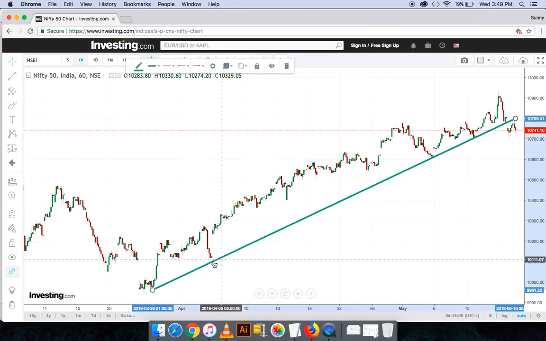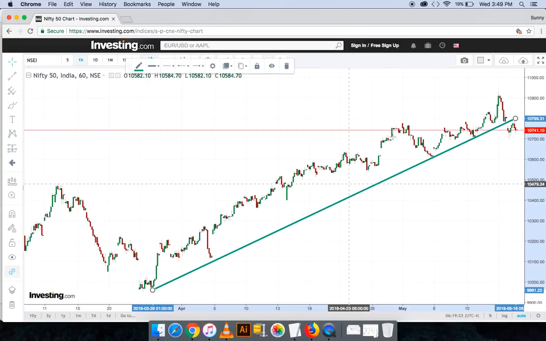You can see that this level is almost falling on this trend line, this level is falling on the trend line, this level, and this level. So we have a couple of levels falling on this trend line, which means this trend line holds some strength. There's some substance to it. So we have this one going on.